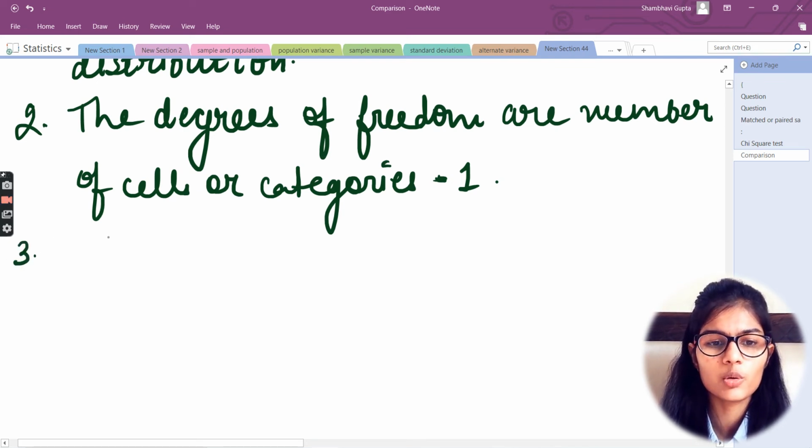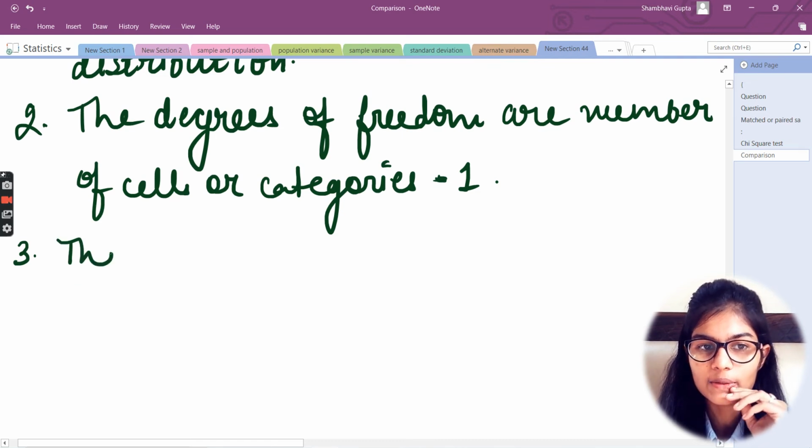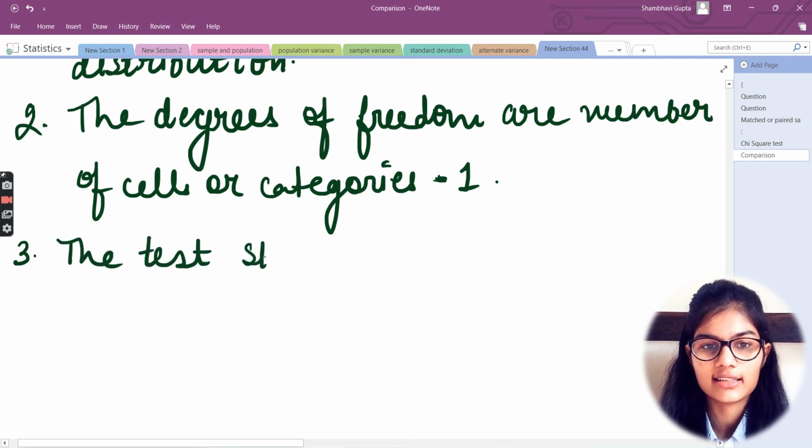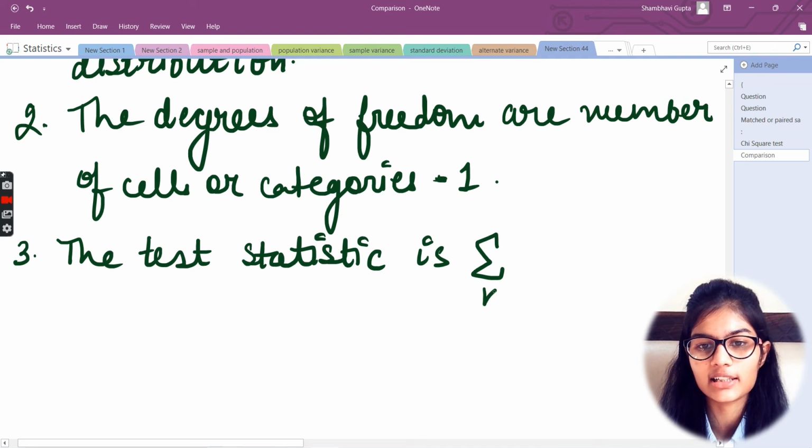Next, we have the third point. The test statistic: what test statistic do we have? We have already seen it: sigma, with k below and above it (O minus E) whole squared divided by E, right?